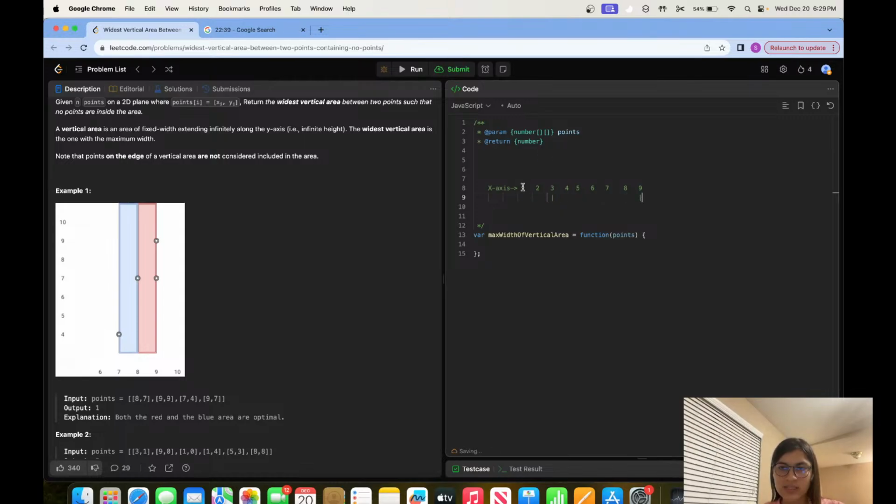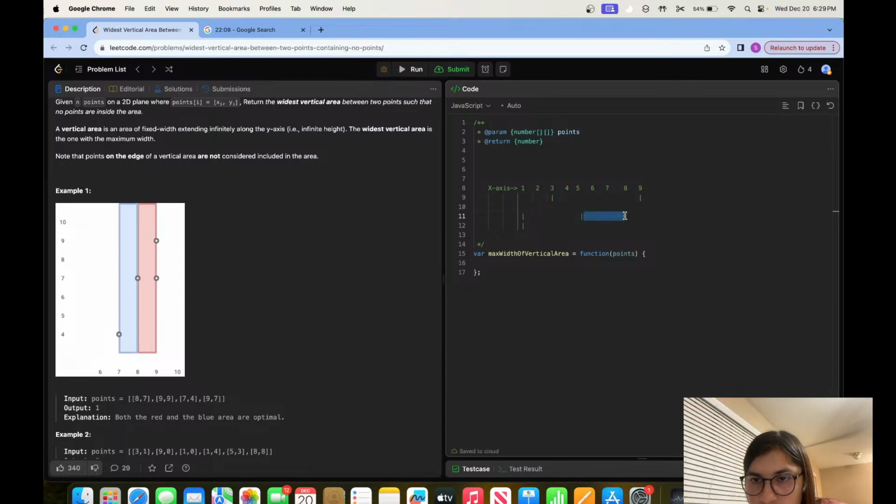I'm not considering the y-axis, because it doesn't matter according to my understanding till now. Another point is on 1, 4. And another point is on 5, 3, and another point is at 8, 8. So I need to return the biggest distance, right? So if you see, the biggest distance is this, 5 to 8. The answer should be 3.